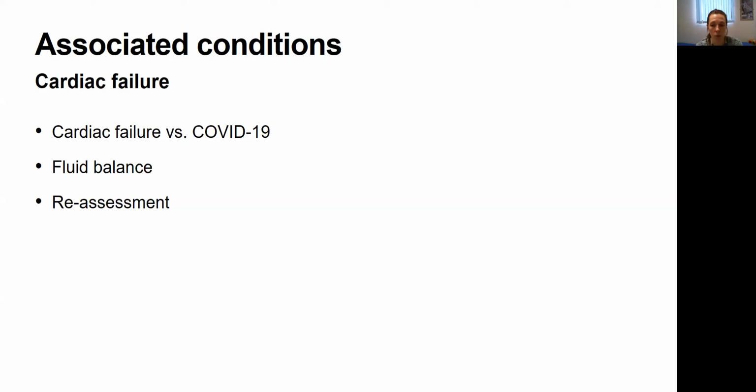Previously known weight or dry weight, sometimes available if you search for heart failure notes, can be helpful. Chest x-rays can be difficult to call one way or the other, although fluid in the fissures and the costophrenic angles will be more indicative of cardiac failure. Either way, in either condition, fluid balance and monitoring fluid balance is critical. Document fluid prescriptions carefully.